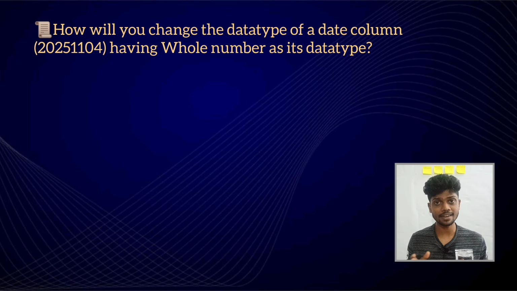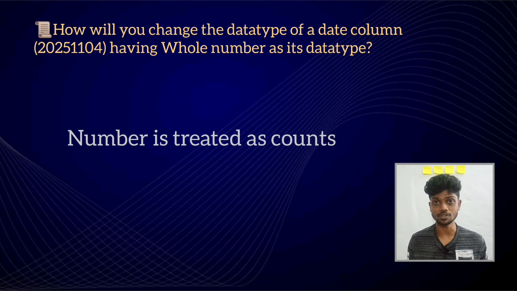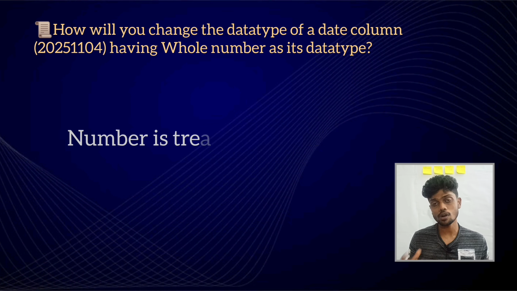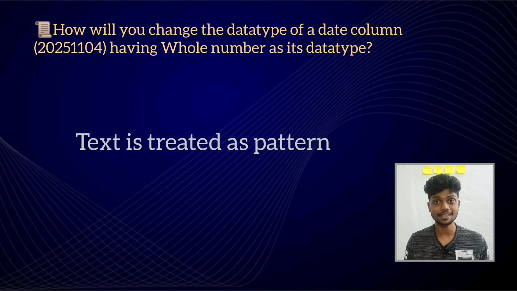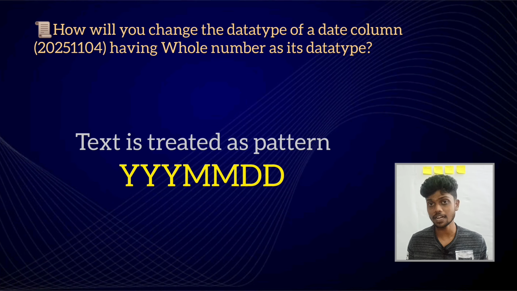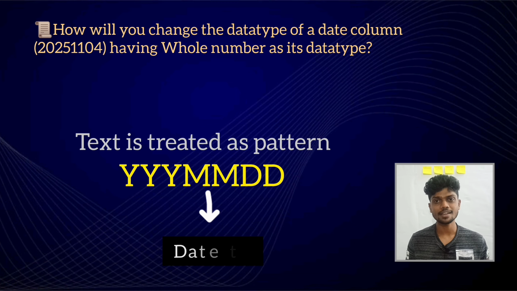Here the number is treated as days, like counts and quantities, etc. So we are converting the whole number into a text format, and the text format is treated as a pattern. For example, YYYYMMDD, which is a date format. And now we can easily convert the text type into a date type.